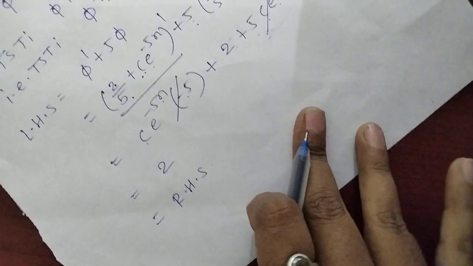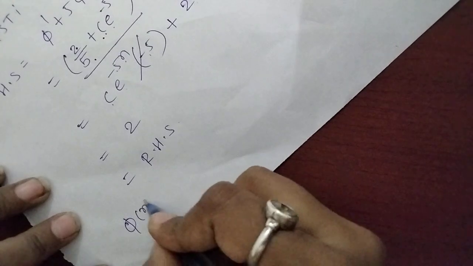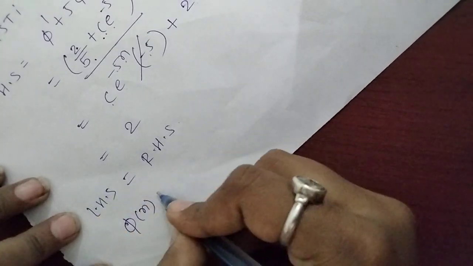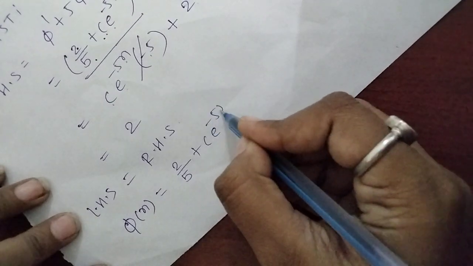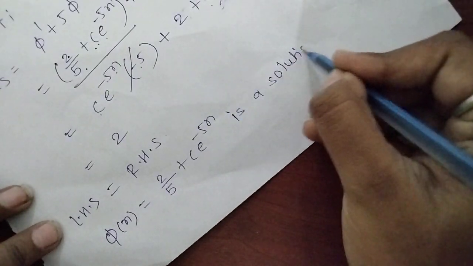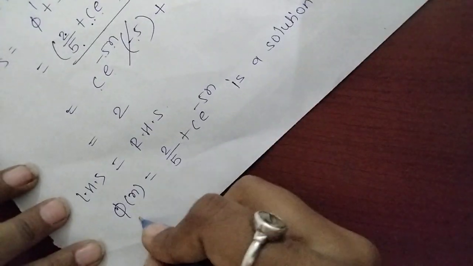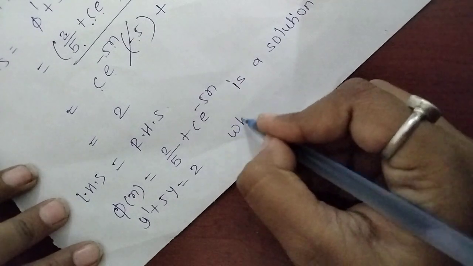Here we get, given phi of x is equal to 2 upon 5 plus c into e raised to minus 5x is a solution of y dash plus 5y is equal to 2, where c is any constant.